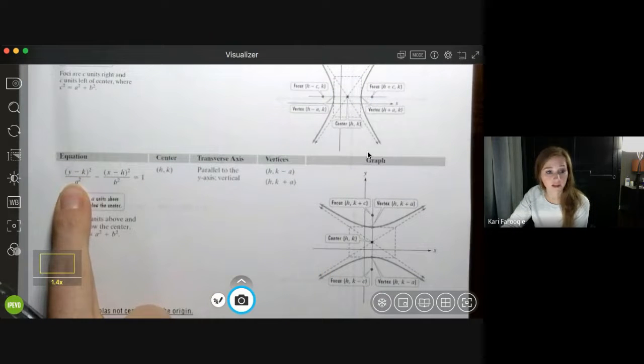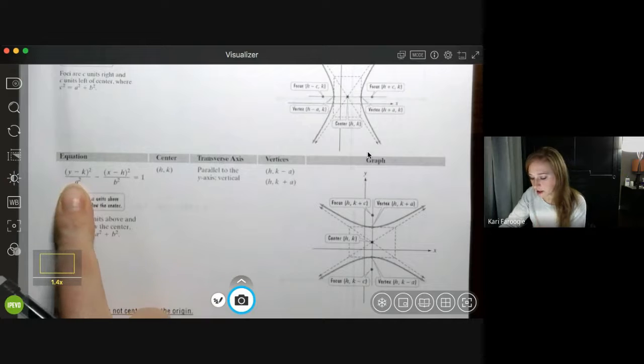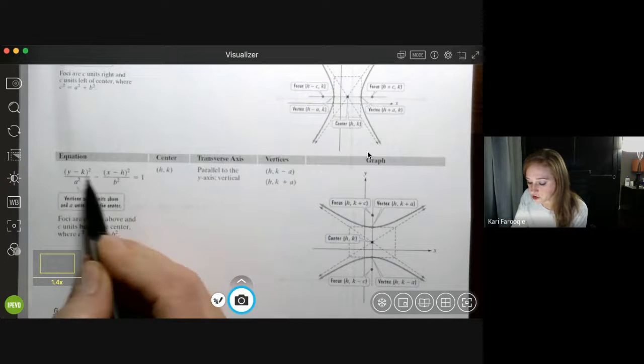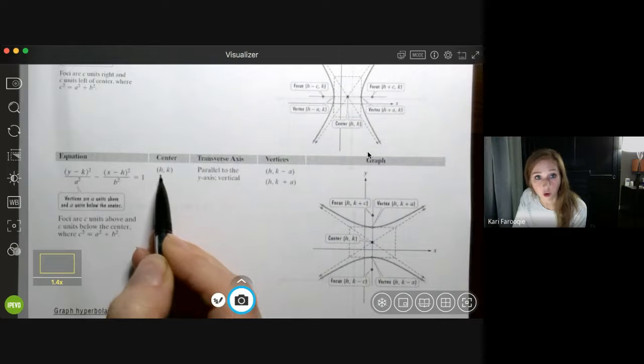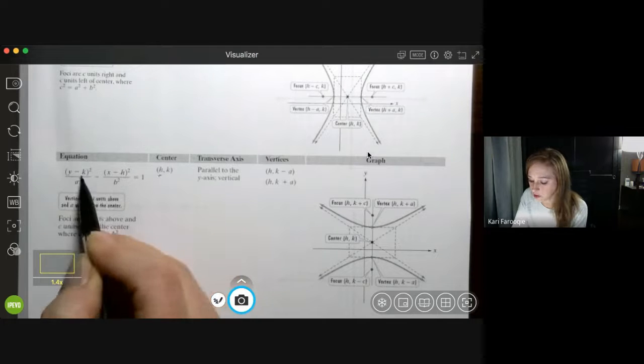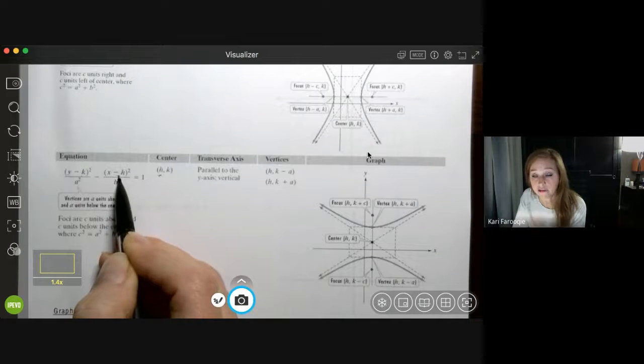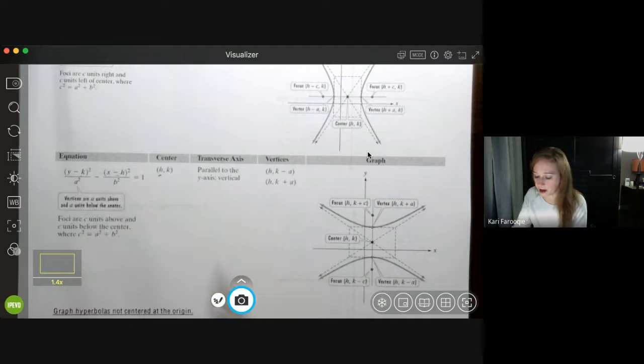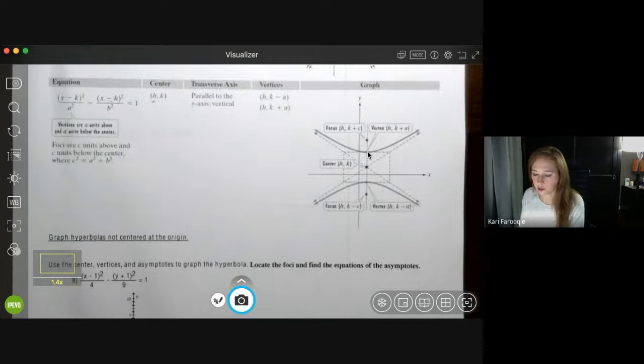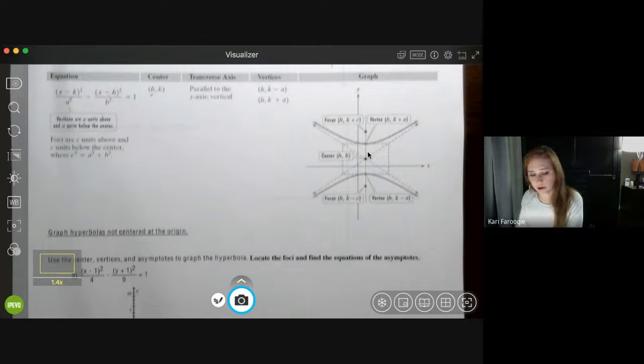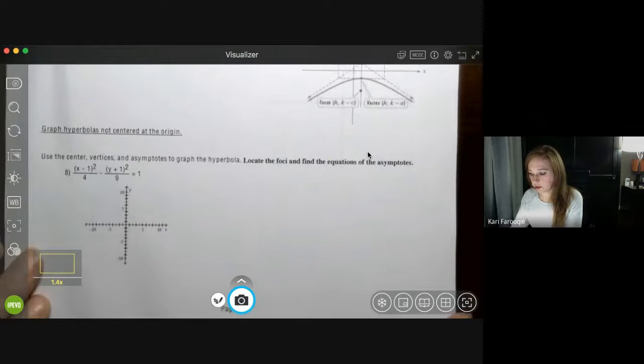And in that case, it's really important that you're careful not to say that your center is KH. Your center is always going to be HK. Don't think about this from left to right. You have to have H be the quantity that is subtracted from X, and K has to be the quantity that's subtracted from Y. When we get to a place where I think that'll be an issue, I'm going to make sure I point it out to you, just so that you understand what I'm trying to clarify here.